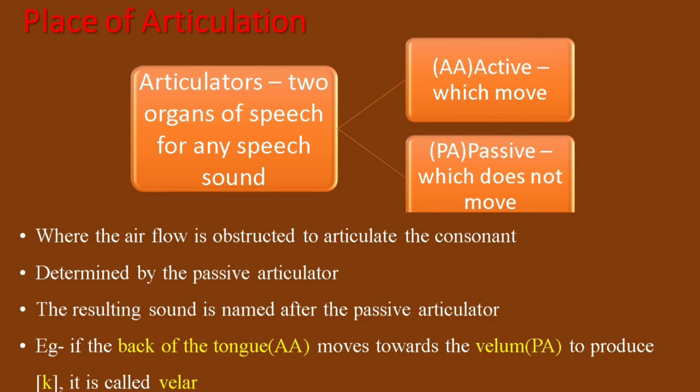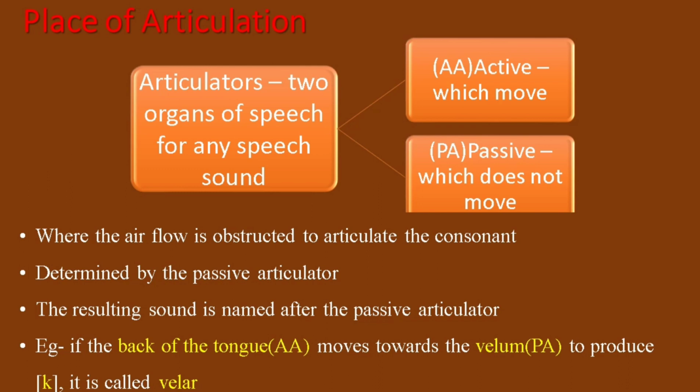Under this place of articulation, we find where the airflow is obstructed to articulate the consonant, and this is determined by the passive articulator. So, the sounds classified are named after the passive articulator.